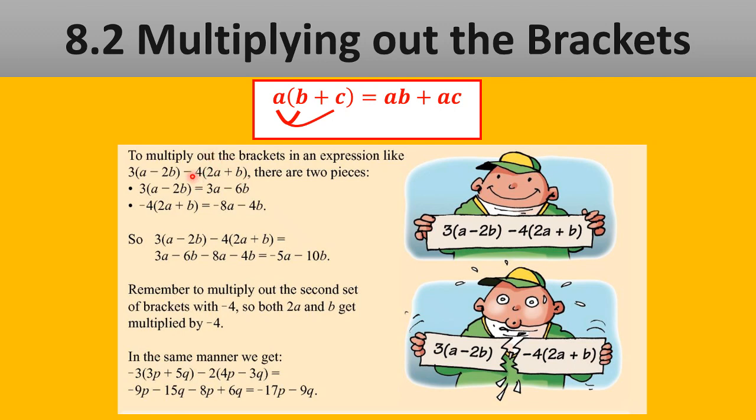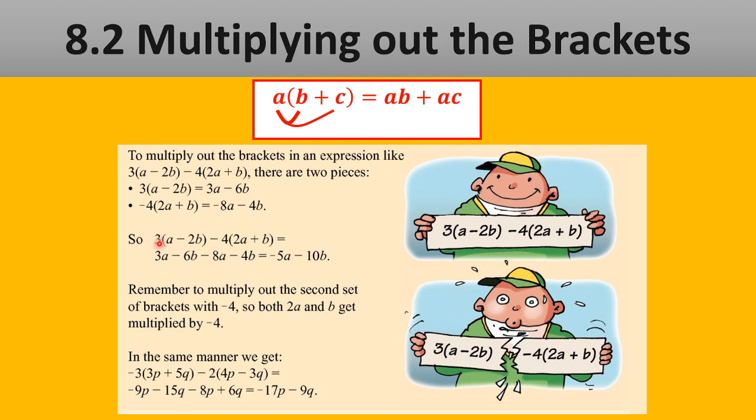And then you get a different answer, because if you do that, then you will find that the last term will not turn negative. So always include this minus in your multiplication. You see that if you tear the expression in two parts, this minus is on the right side.